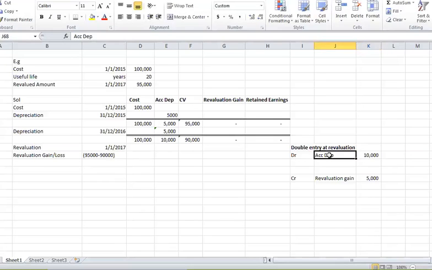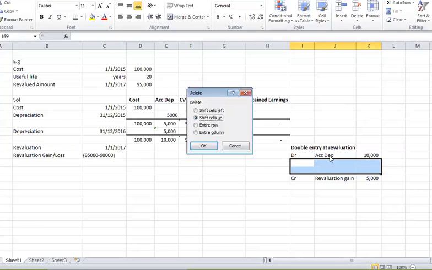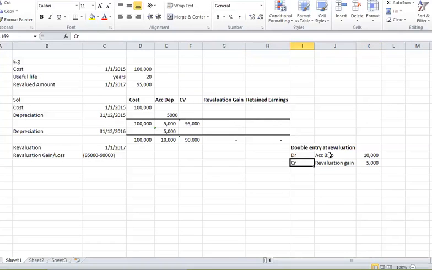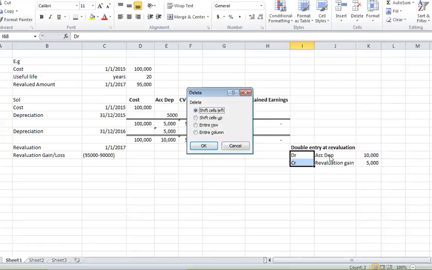So accumulated depreciation will be recorded as a debit entry, and the balancing amount will be recorded in the cost. Debit would be accumulated depreciation, credit would be revaluation gain, and what is the balancing amount? Or wait, let me make it easy for you guys.